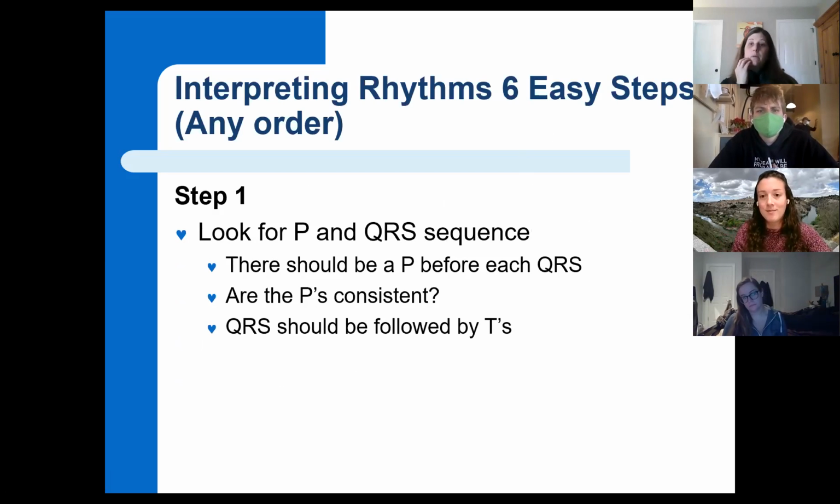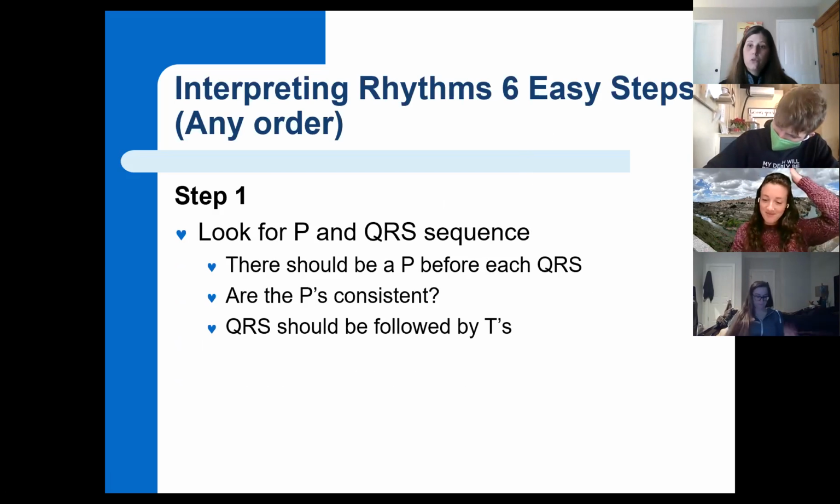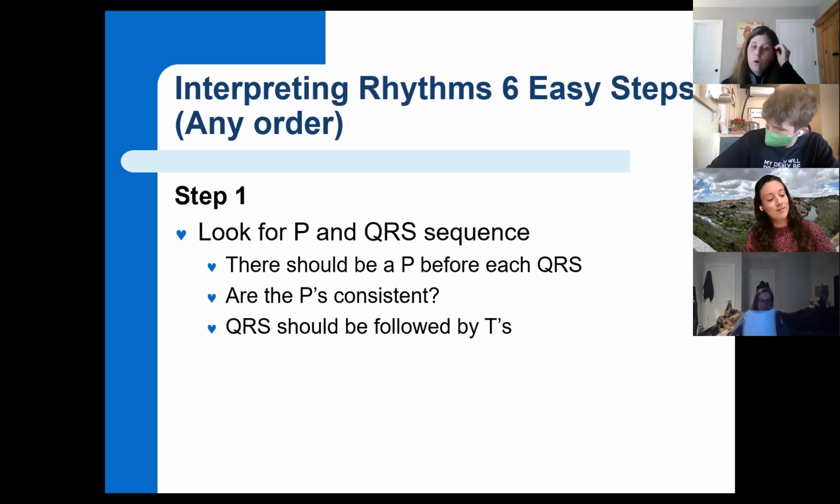Okay, so Dr. Benetti told you earlier today that I was going to teach you the steps to identify what the rhythms are, if they're normal, abnormal, that kind of stuff. So step one, you have got to look for a P and a QRS. There should be a P wave before every QRS.